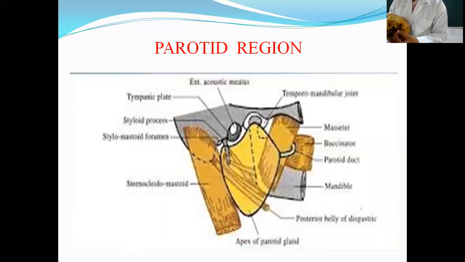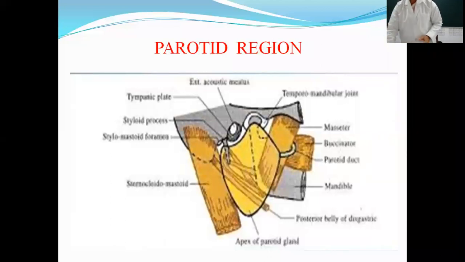And two ligaments are attached to the tip of the styloid process: the stylohyoid and stylomandibular ligaments. So medially, the parotid region is limited by the styloid process and the attached structures. The styloid process along with these three muscles and two ligaments is collectively known as the styloid apparatus. So these are the boundaries for the parotid region.